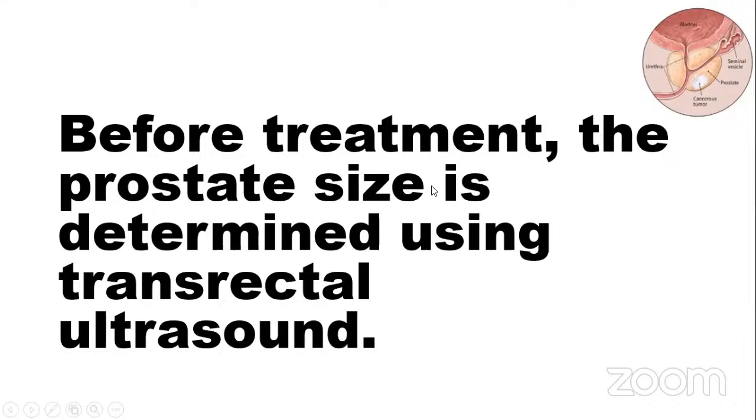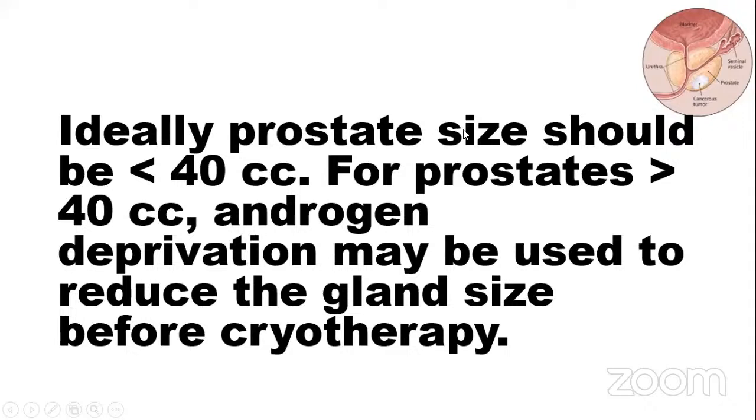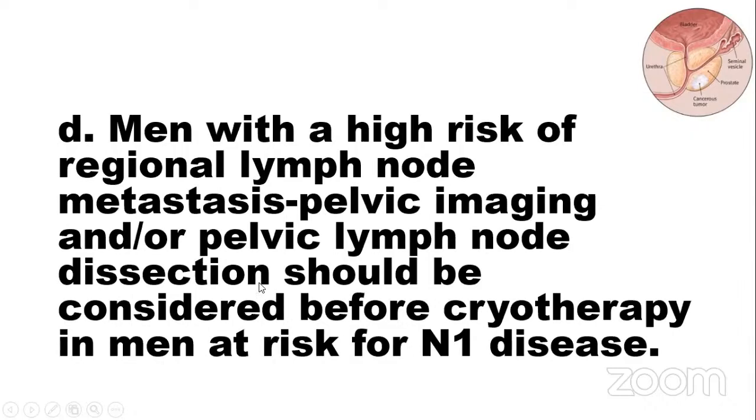Before treatment, the prostate size is determined using transrectal ultrasound. Ideally, prostate size should be less than 40 cc. For prostates more than 40 cc, androgen deprivation therapy might be used to reduce the gland size before the cryotherapy.